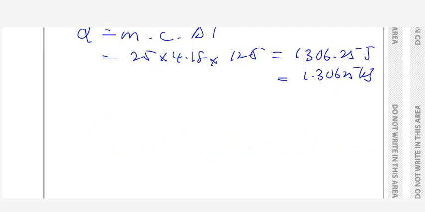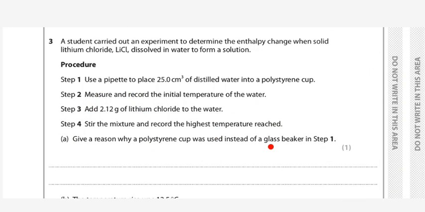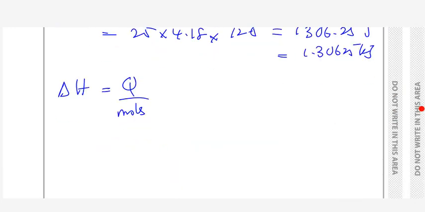The question is to find the enthalpy change. We should divide this Q in kilojoules by the moles, to get kilojoules per mole. Moles of what? Moles of the limiting reagent here. You have just 2.12 g of lithium chloride. So first find the moles of lithium chloride, mass over molar mass.